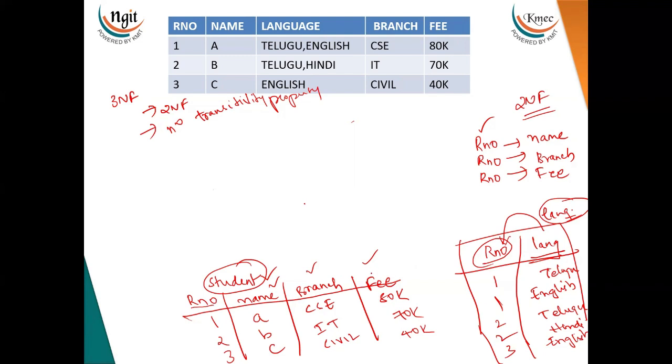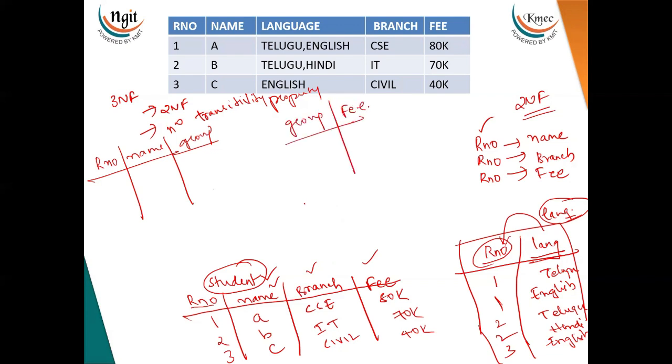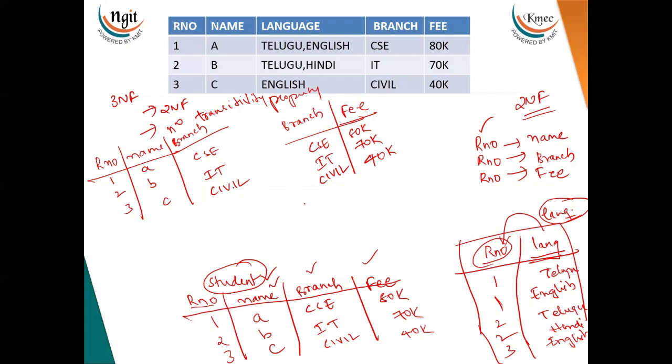Yes. This means these two non-key attributes are functionally dependent on each other. So thereby you have to eliminate such non-key attributes, and keep branch and fees in a separate relation. So now you can say that this particular relation is in third normal form.